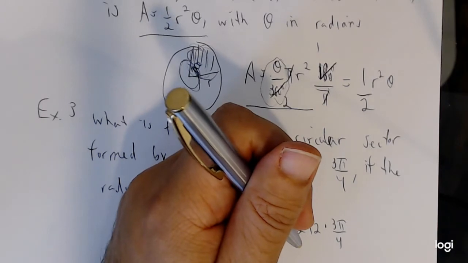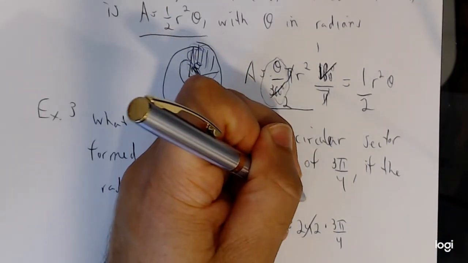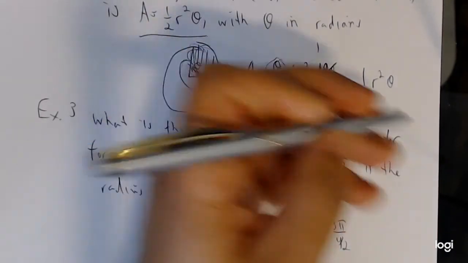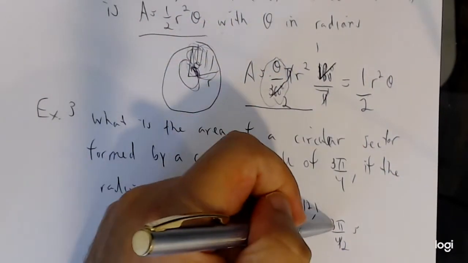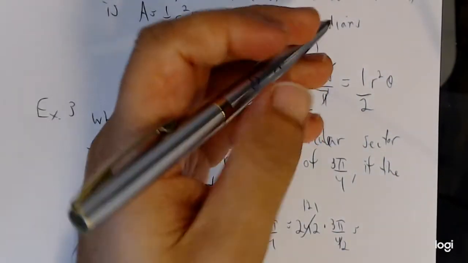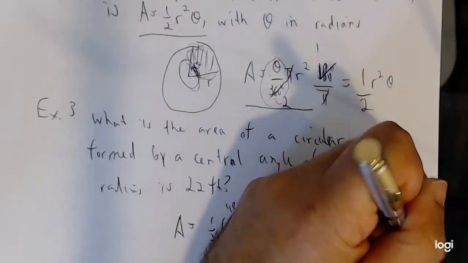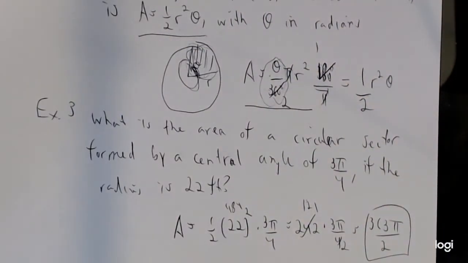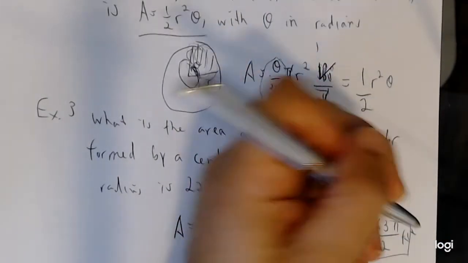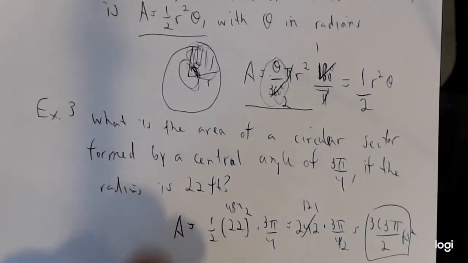That becomes 121, and the 4 becomes 2. So we get 121 times 3, which is 363 pi over 2, and there's my answer. I'm going to leave it as exact, and this is in feet squared, because we're talking about area.